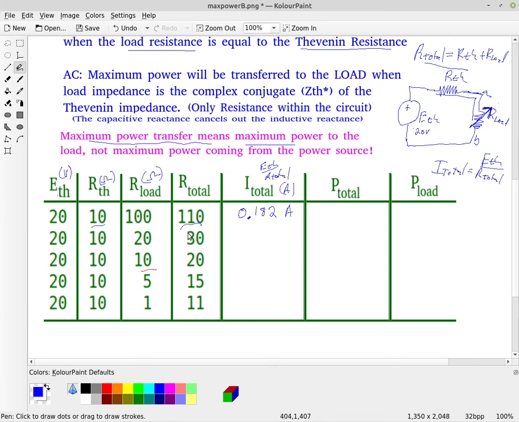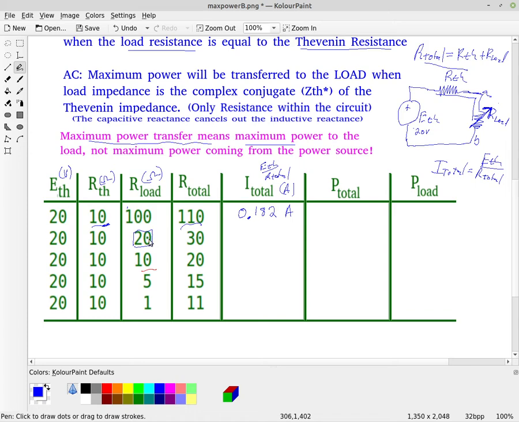In the first case, our load was 10 times the resistance of our Thevenin, so our total was 110.